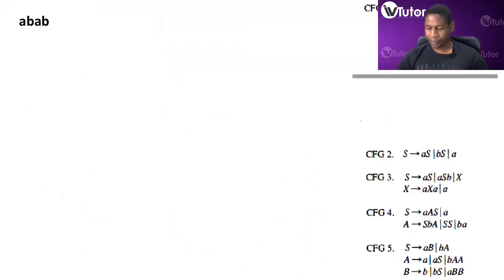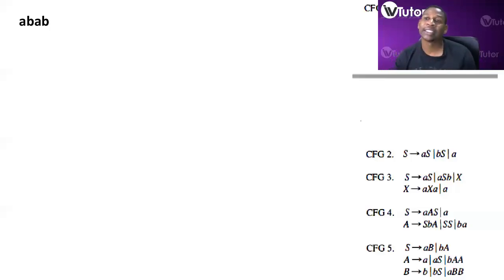Then lastly, there's a question in the textbook. It should be part of the assignment as well. There's a common mistake that is made when attempting this question, right? You are given a word. On the left, there's a list of words. On the right, there's a list of CFGs.